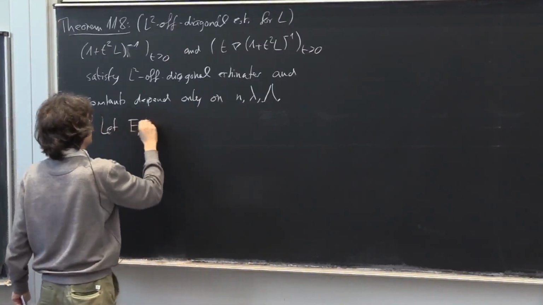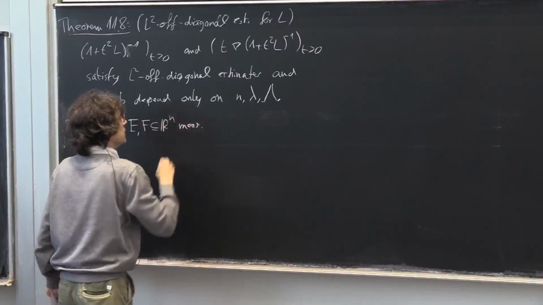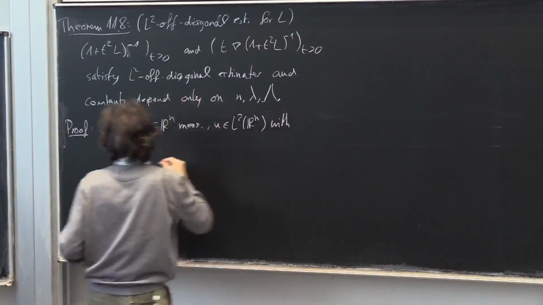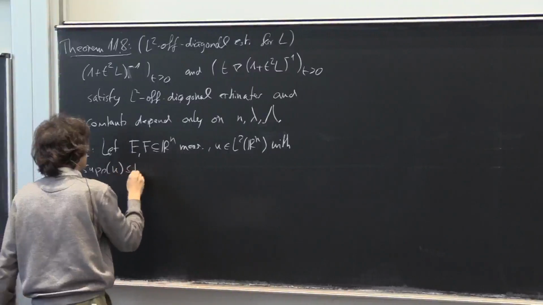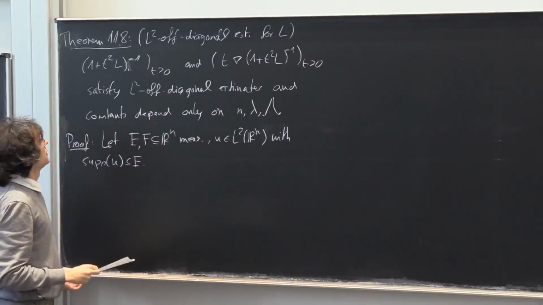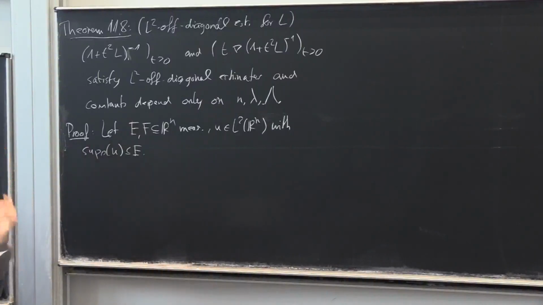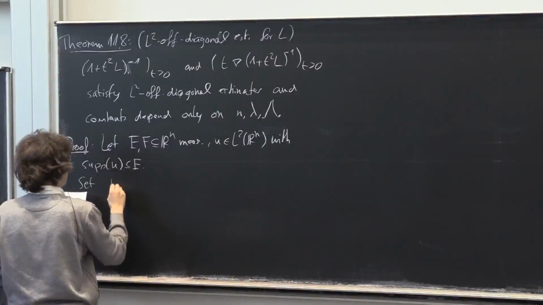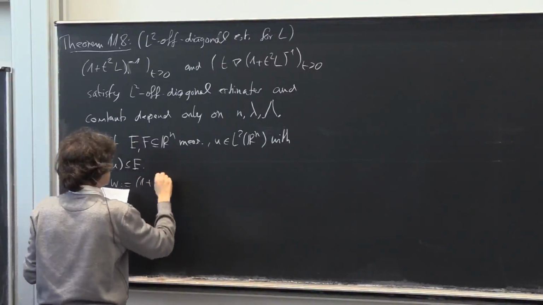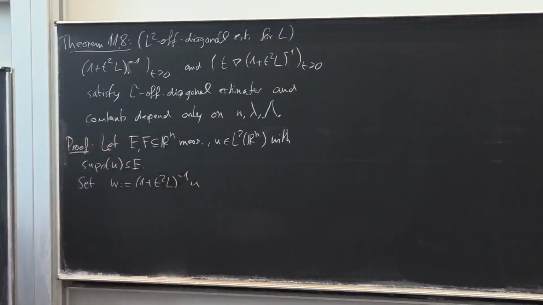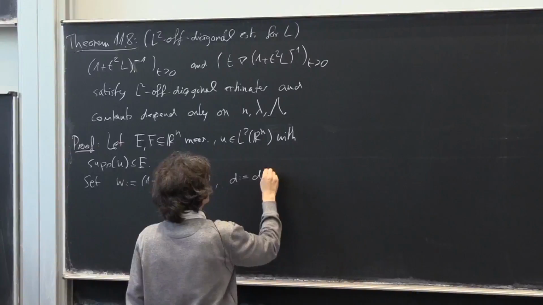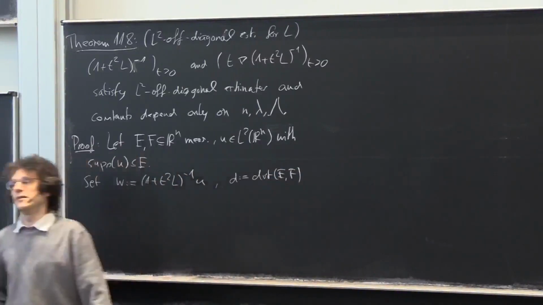We need two measurable subsets of Rn, E and F. We need an L2 function U that is supported inside E, so the support of U is contained in E, and we want to estimate the resolvent at U, and t times the gradient of the resolvent of U, on F. As in the lemma before, we will call the function (1 plus t squared L) to the minus 1 applied to U, we'll call this W. And I will also abbreviate the distance of E and F, because I have to write it down often, so I will just write D for this distance.